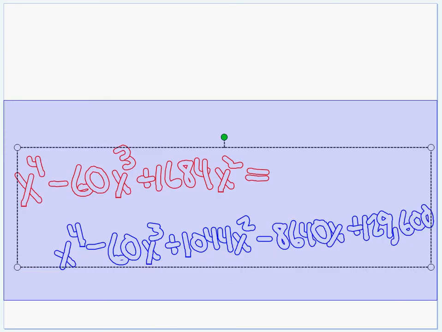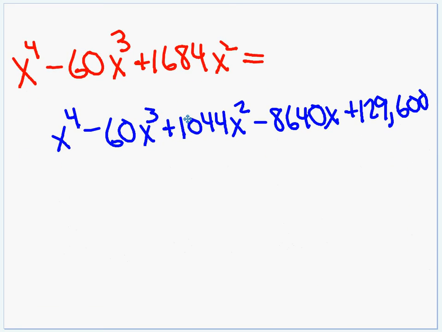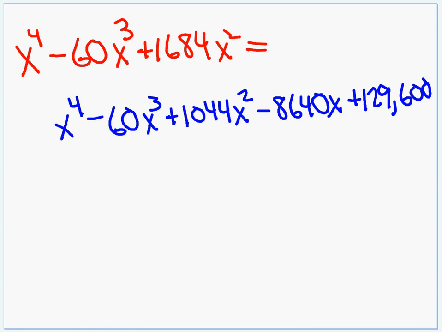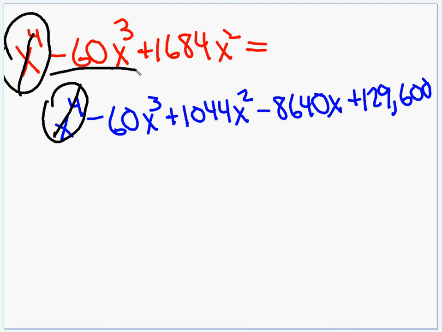We are going to try to solve for x, and the beauty is the first couple terms cancel each other. If I subtract x to the fourth from the left, I subtract x to the fourth from the right, they're gone. If I add 60x cubed to the red side, I got to add 60x cubed to the blue side, so those also cancel. All right, so now it's getting down to be a little more manageable.